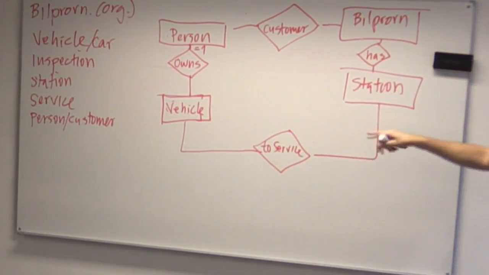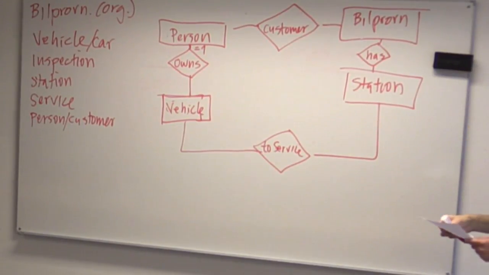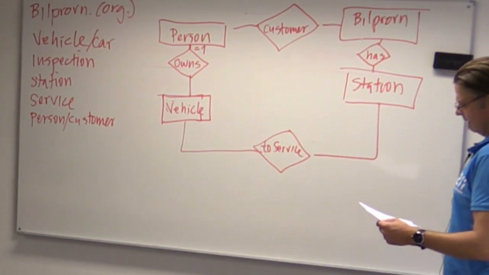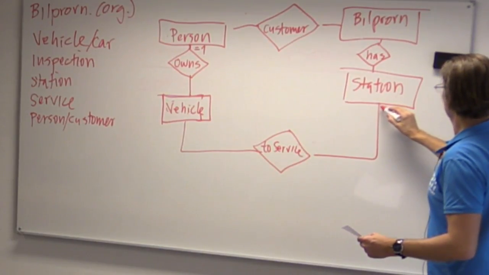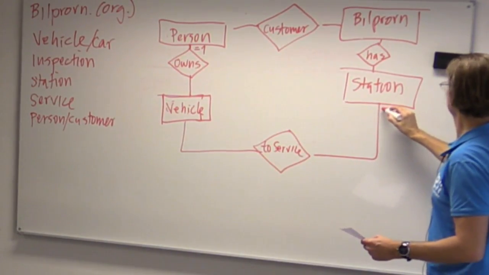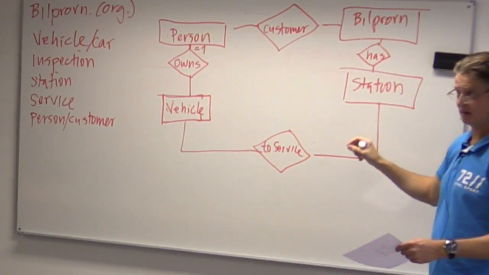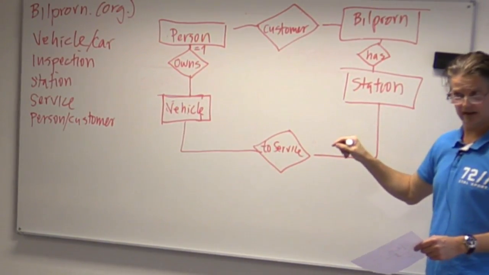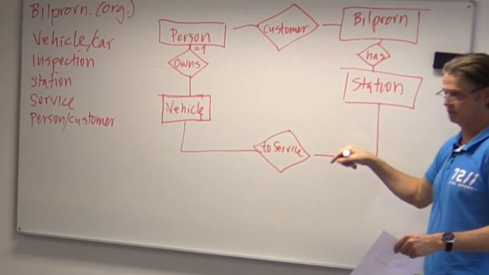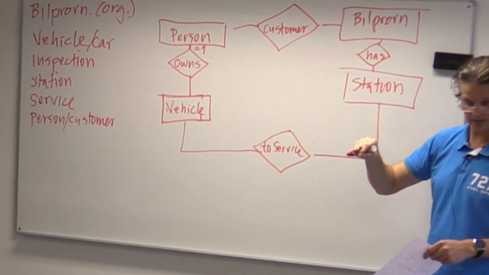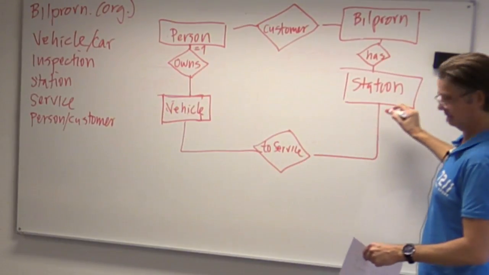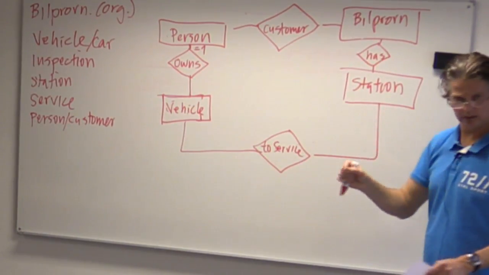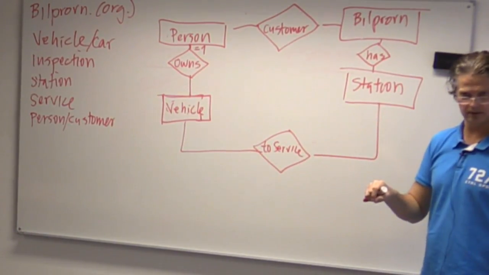A vehicle is going to service at a specific station. And it's going to 1. Actually, you can book it at a different station if you want to, in a different city. But while it is booked, it is 1. Or 0 or 1. It is not booked.